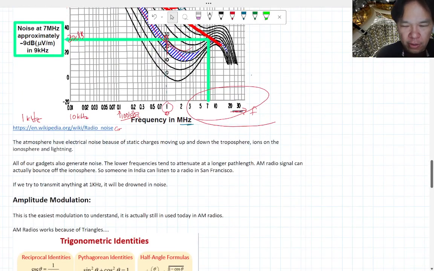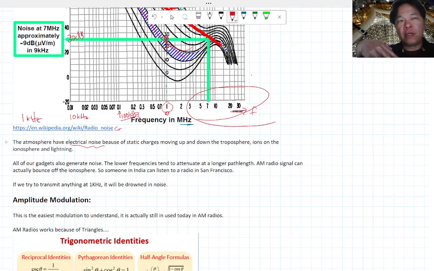Okay, so where does this noise come from? Electrical noise from the atmosphere is basically due to atmospheric convection, where when you have molecules moving around, sometimes these interactions will move charge from one place to another, just like if you're rubbing silk with glass, right? You develop static charges.